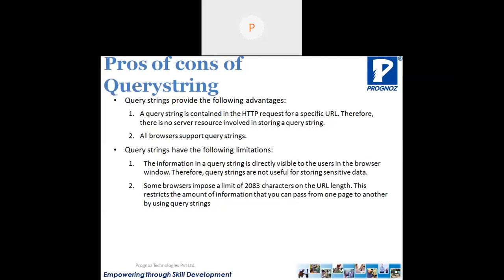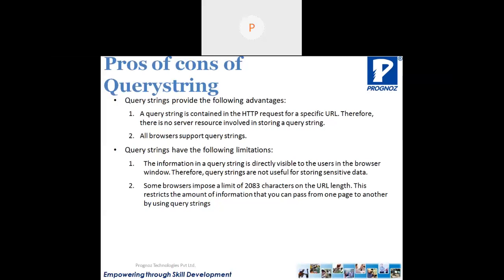Just because the server resource is not required, the load on the server will be decreased. Then all browsers support query string. Just like in cookies, the client has the option to enable or disable the cookies; in case of query string, such kind of options are not given.